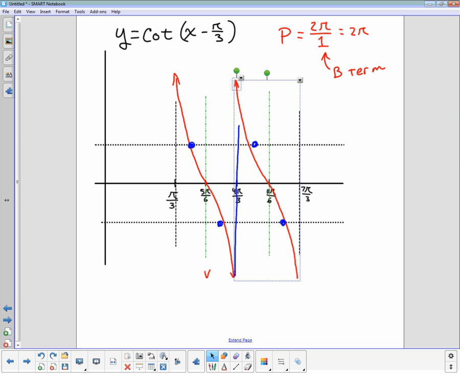Undefined. That's why a mathematician's favorite tool is an eraser. So you did it in pen. Oh, that sucks. Where tangent was 0, cotangent is infinite.